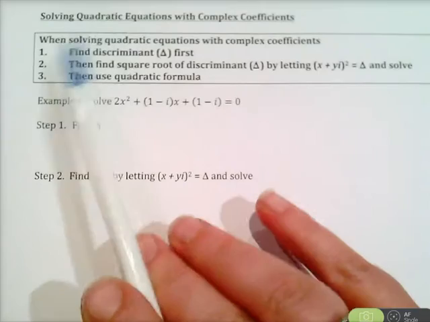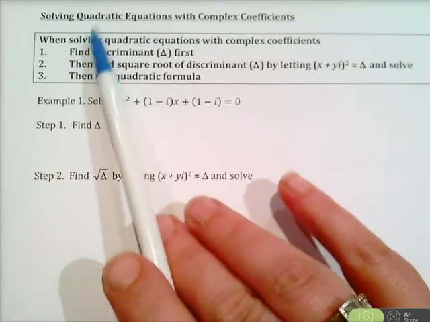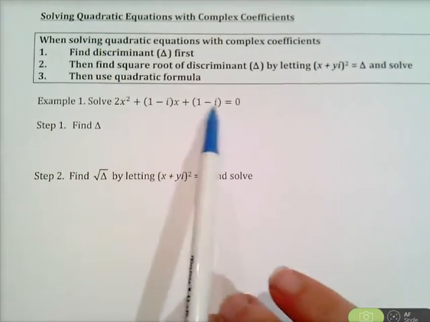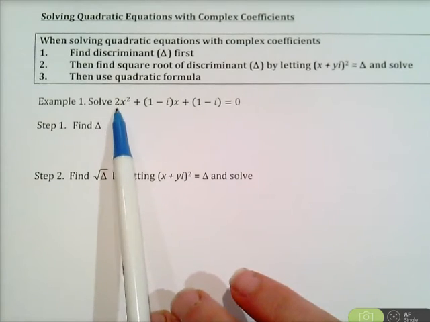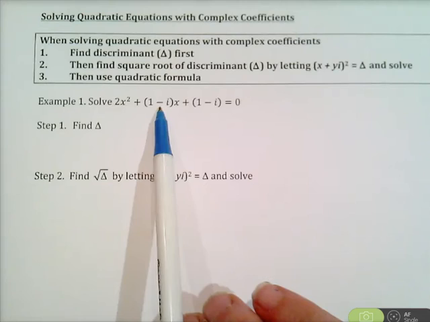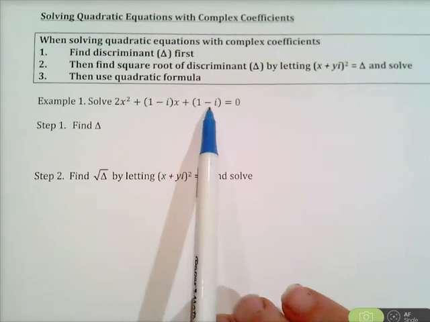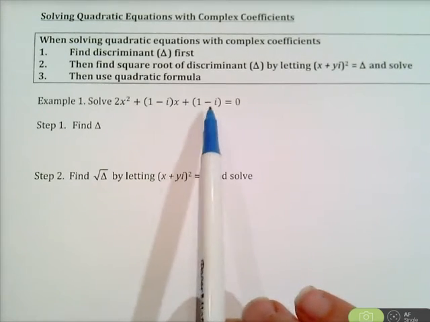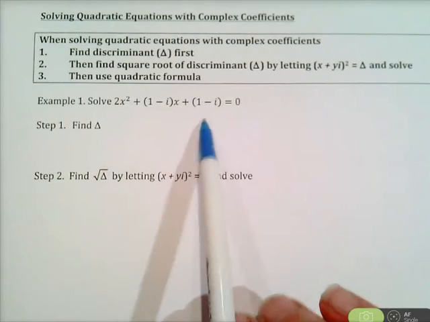So we know here that we're solving quadratic equations such as this one, and the coefficient of the x squared is real, but the coefficient here of the x is a complex number, so it's got a complex coefficient, and c here, which is the constant term, is also a complex number.